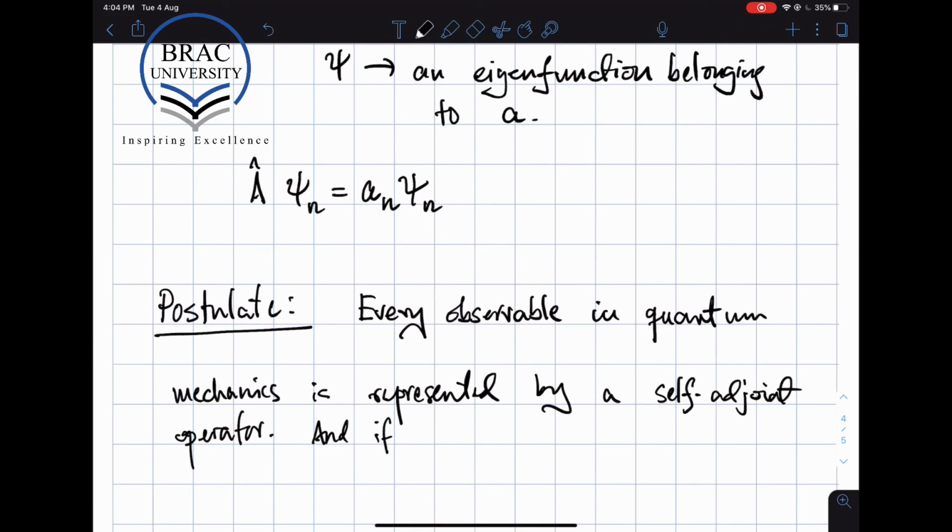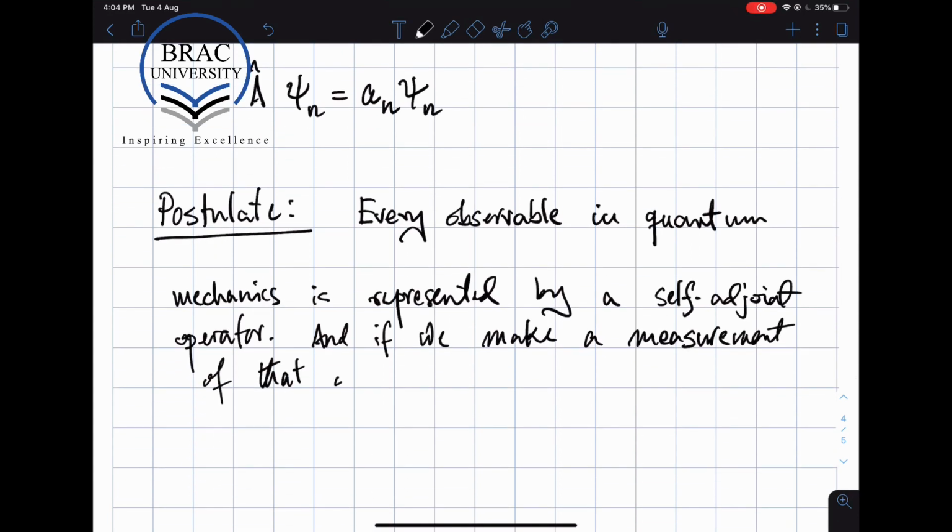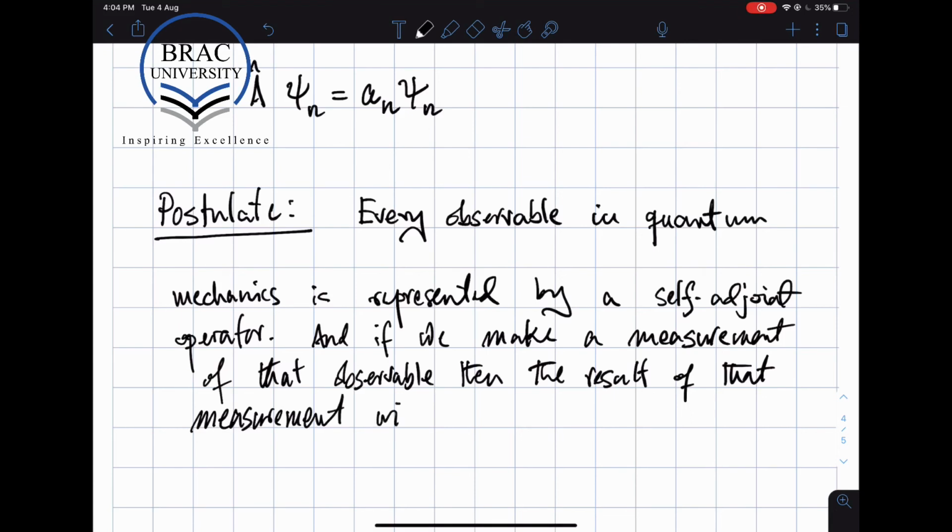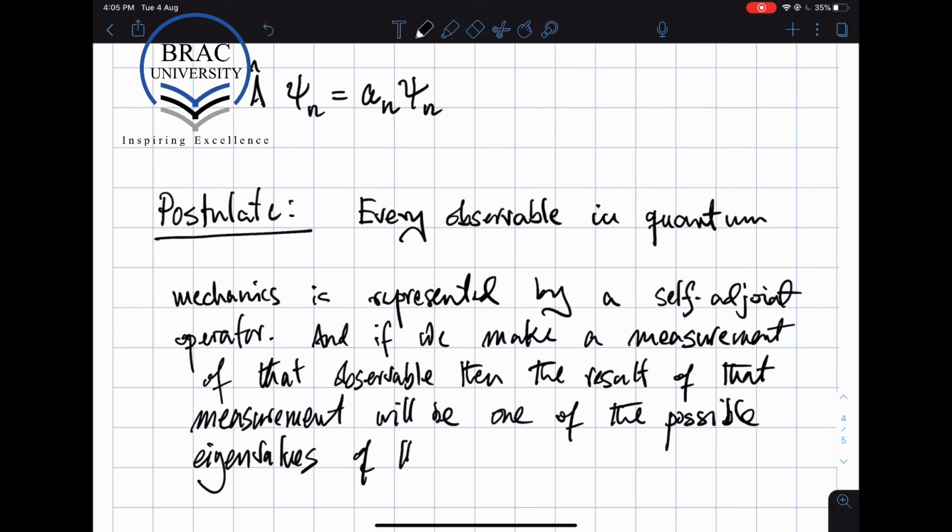And if we make a measurement of that observable, then the result of that measurement will be one of the possible eigenvalues of that operator.